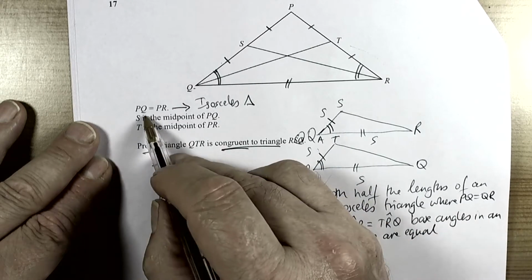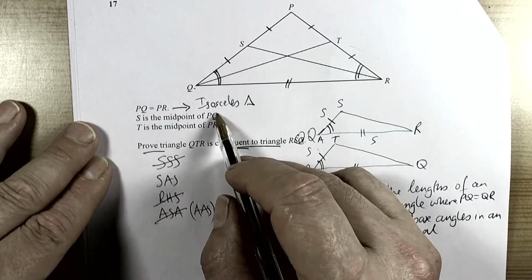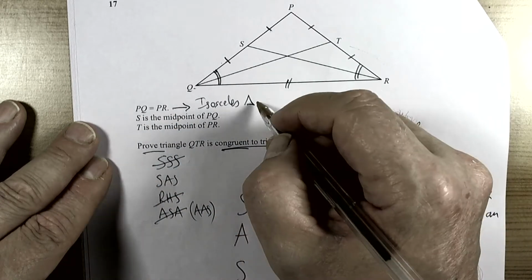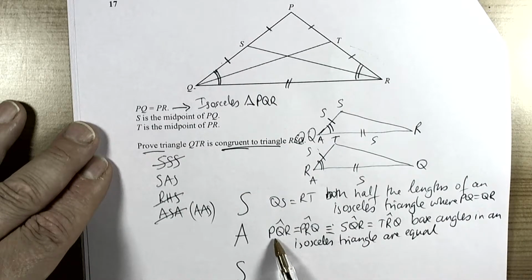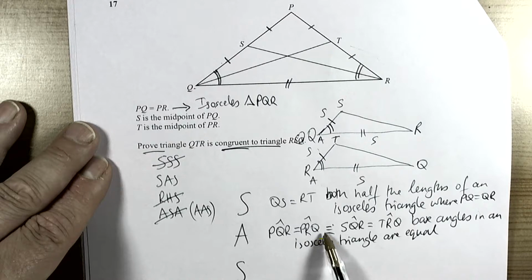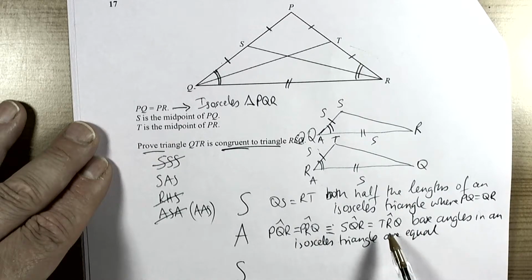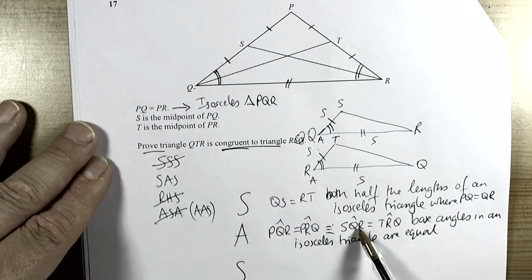Because we knew that PQ is equal to PR, telling us it's an isosceles triangle PQR, then we know that angle PQR must equal PRQ because the base angles in an isosceles triangle are equal, which is equivalent to saying that SQR is the same as TRQ.